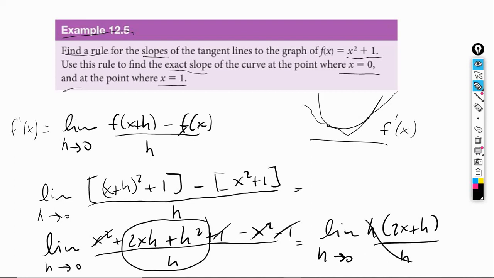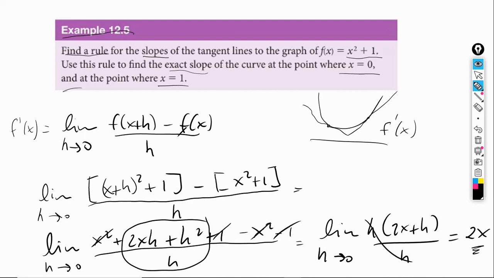So this will cancel out, and we're left with this only. So now we can plug in 0, and notice that what we're going to get is 2x. So 2 times x is the general rule that will give us the slopes of the tangent lines to the graph of f of x, or x squared plus 1. In other words, 2x is the derivative of x squared plus 1.